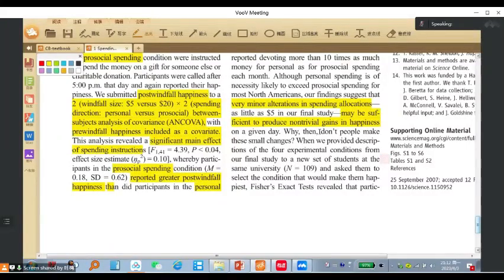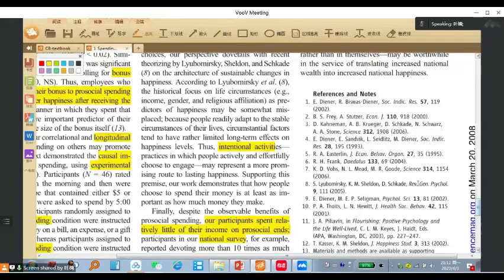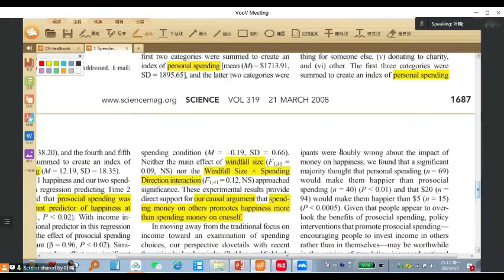Why don't people make these small changes? We provided descriptions of the four experimental conditions from our final study and asked participants to select the condition that would make them happiest. This revealed that participants were doubly wrong about the impact of money on happiness.